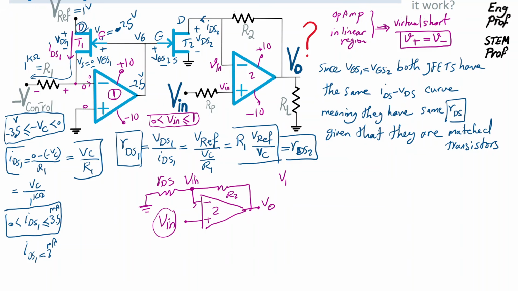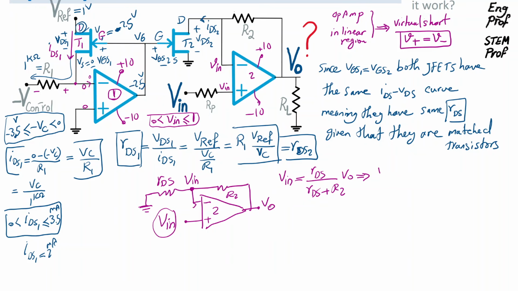So Vin at this node is equal to the voltage drop across RDS, which is RDS divided by RDS plus R2 times Vout.